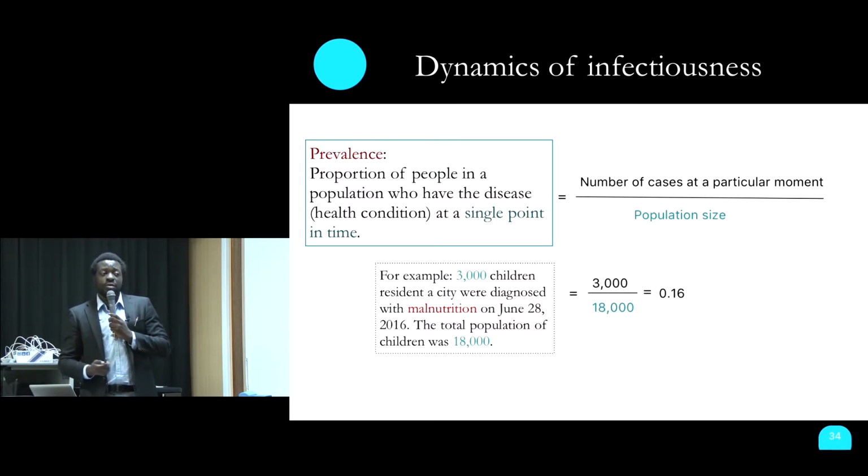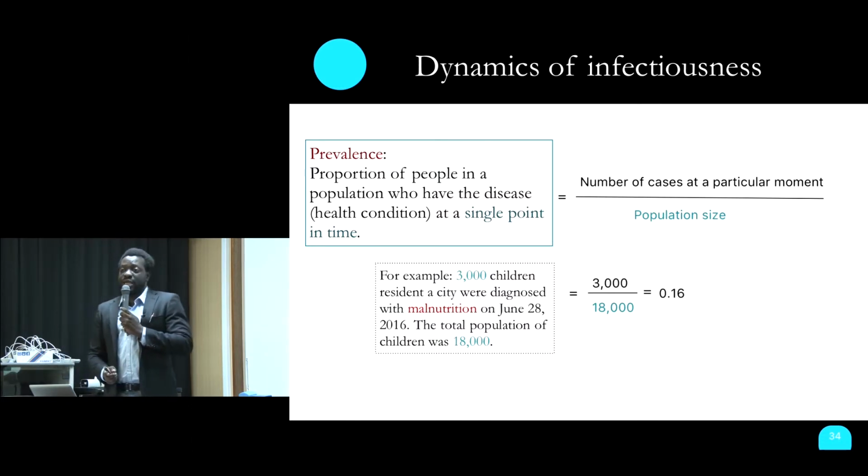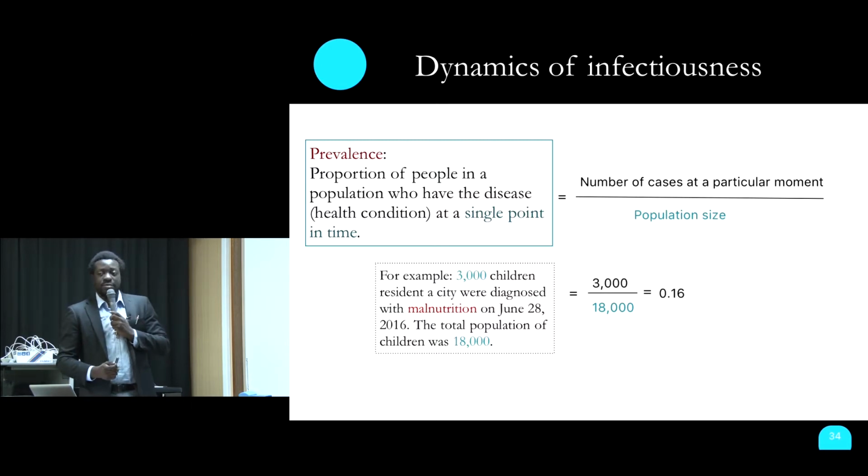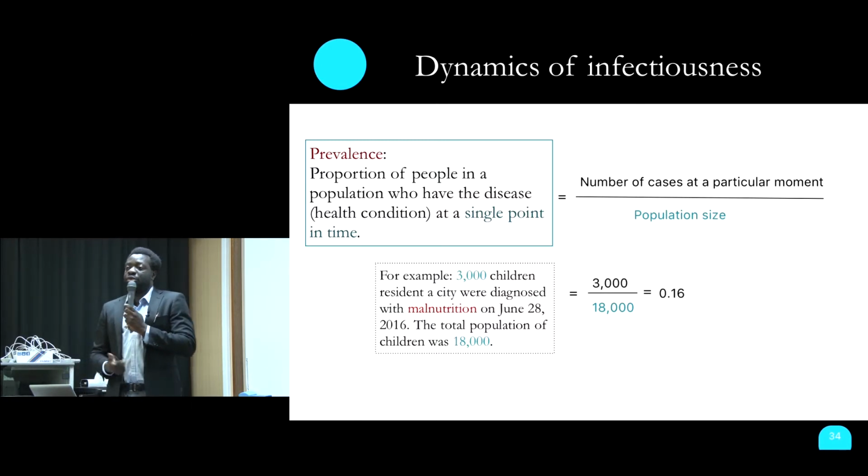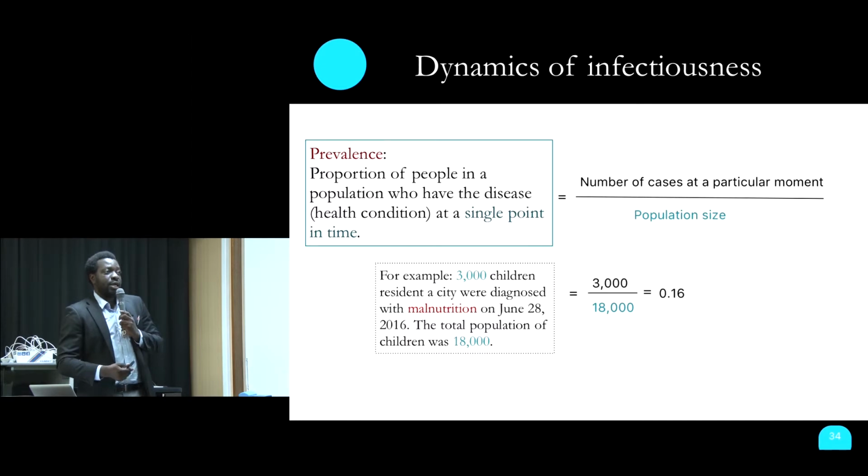For example, on June 28th, 3,000 children residents in a city were diagnosed with malnutrition, and the total population is 18,000. So if we want to measure the prevalence of malnutrition on that day, it is just 3,000 divided by the population size, which is 18,000. So this is how we measure prevalence as a way to estimate disease status.